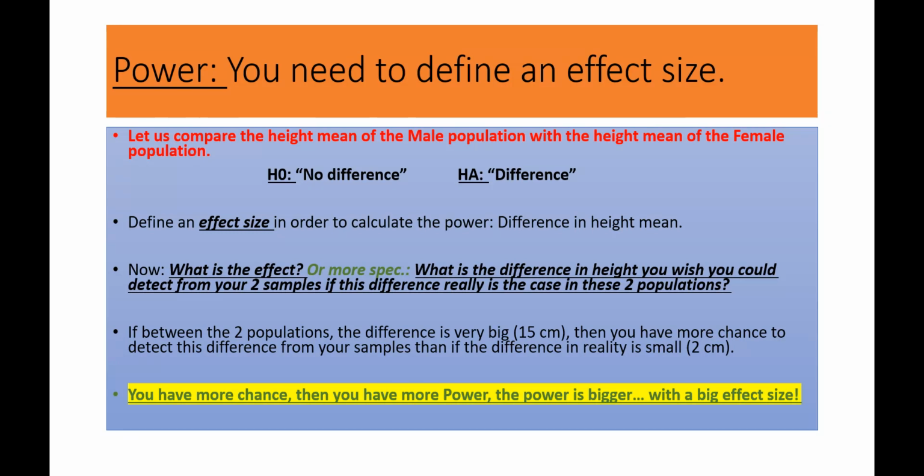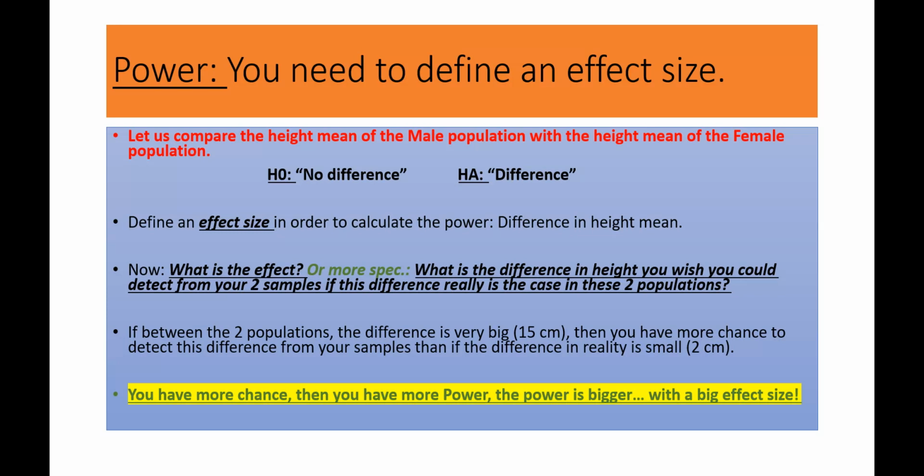Okay, so if in reality there is a difference of 15 centimeters, you just need probably 4 men and 4 women. You would be satisfied with this test because your power would be good, the probability of detecting 15 centimeters of difference, if that was really the case in reality. You would just need 4 men and 4 women probably to detect 15 centimeters of difference.